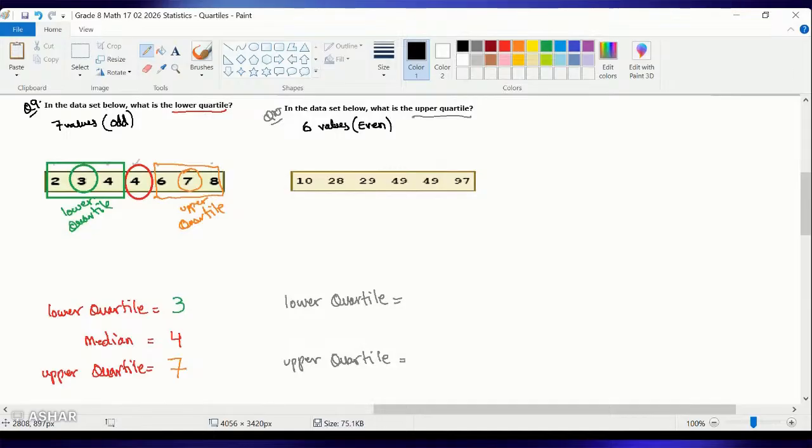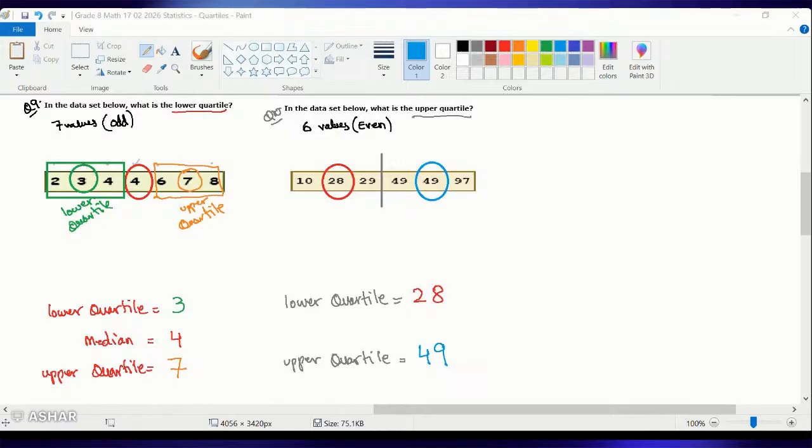So we know that the center comes over here. They're divided over here. The lower half, this is the middle value. So lower quartile would be 28. And the upper quartile should be the middle value from the upper half. That is 49. Perfect. So what we would need to remember is, depending on the values that have been provided to us, we would know whether we can find the median or not, right?